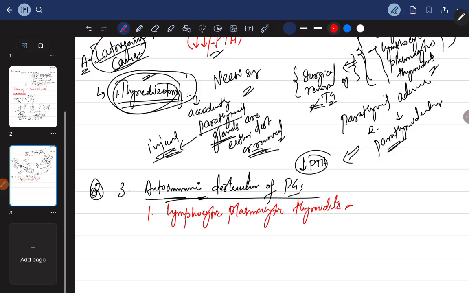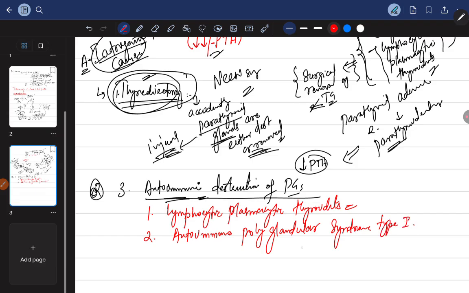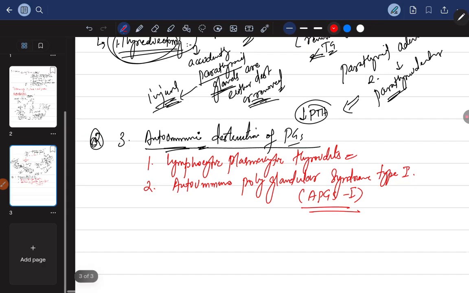The second one that has been commonly found is autoimmune polyglandular syndrome type 1, APGS1.